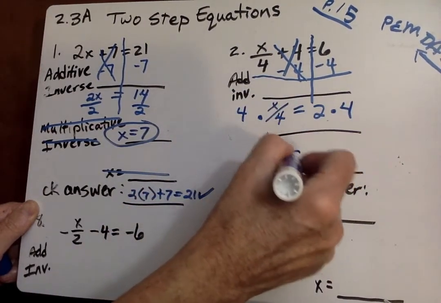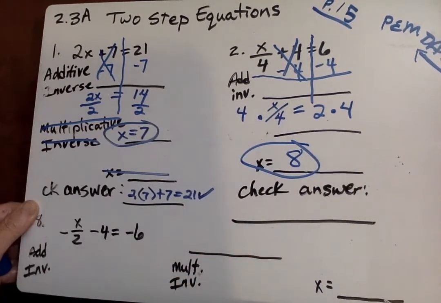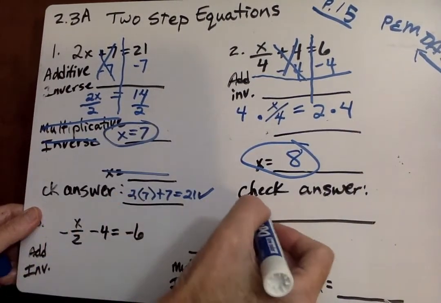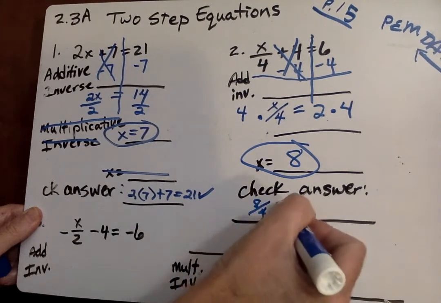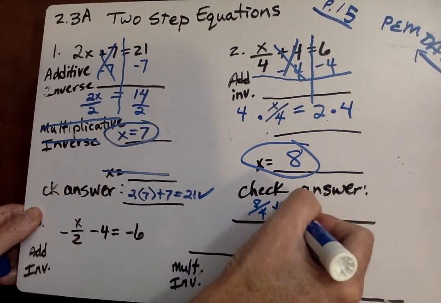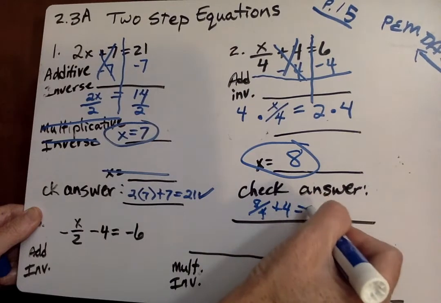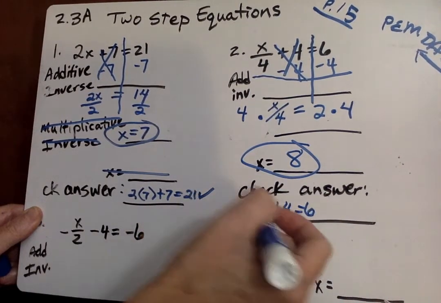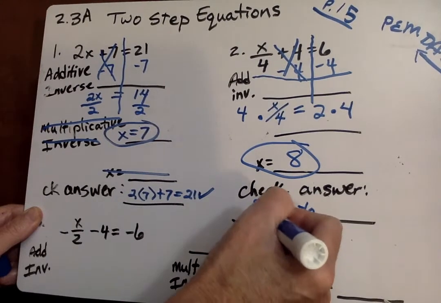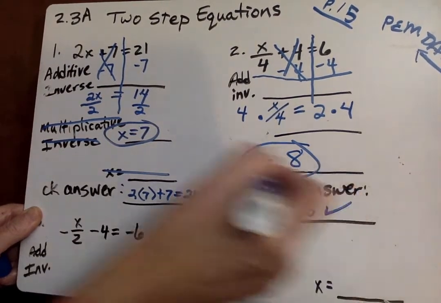So x equals 8. Then if I want to check that, I say, does 8 divided by 4 plus 4 equal 6? And 8 divided by 4 we know is 2. 2 plus 4 is 6. And it checks.